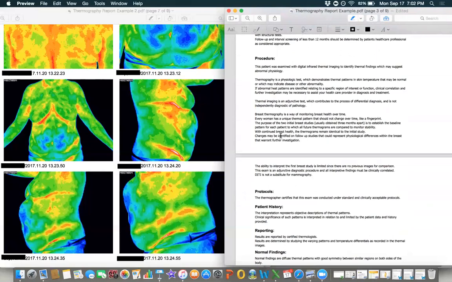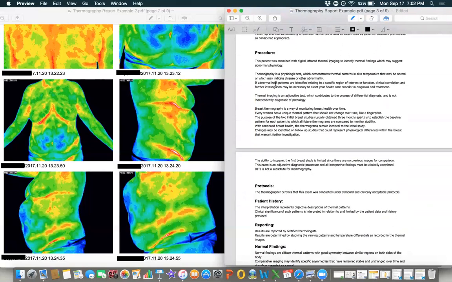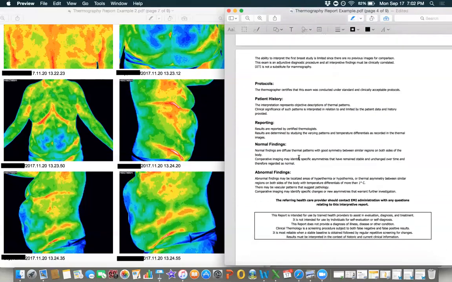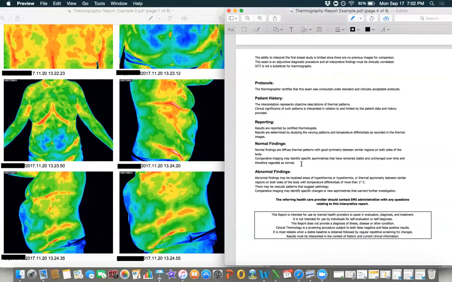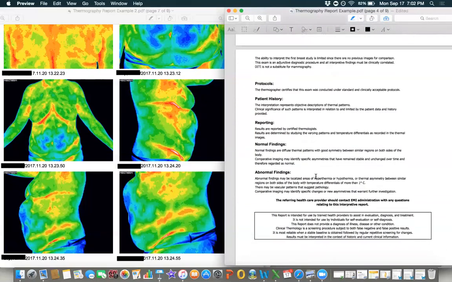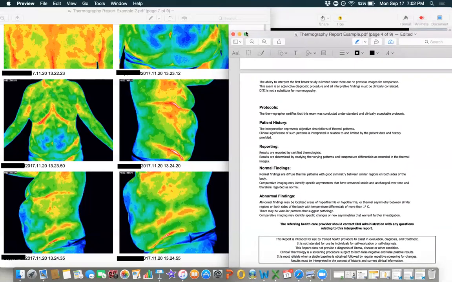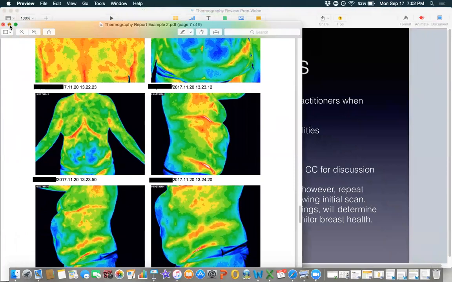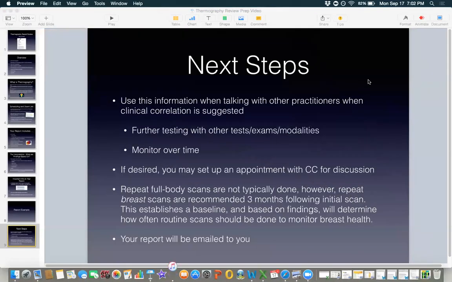As you scroll down your report, you'll see information about the procedure, protocols, what normal findings and abnormal findings consist of. So you can use this information when you're talking with us or with your other practitioners.